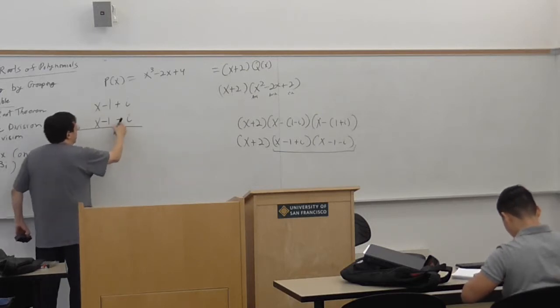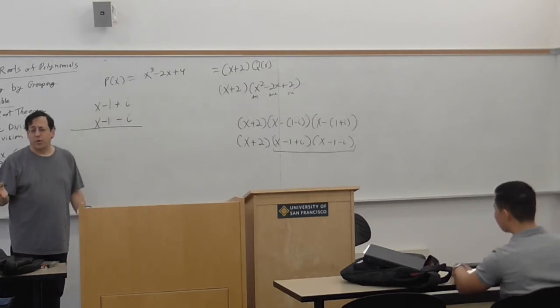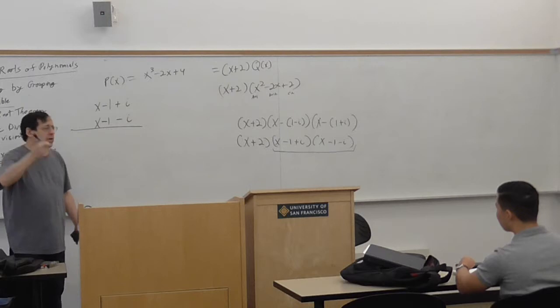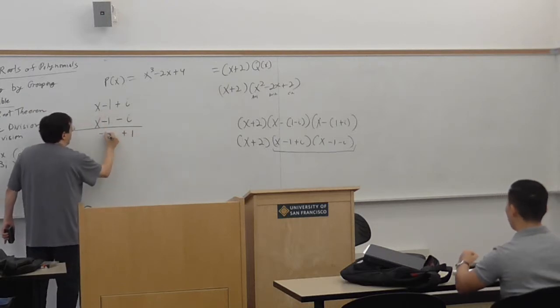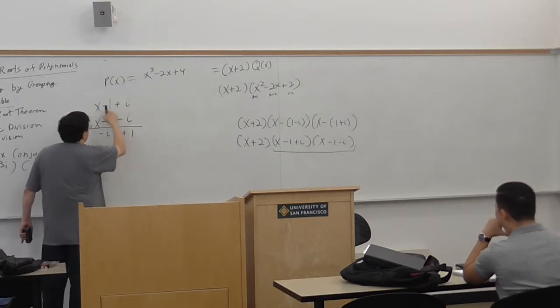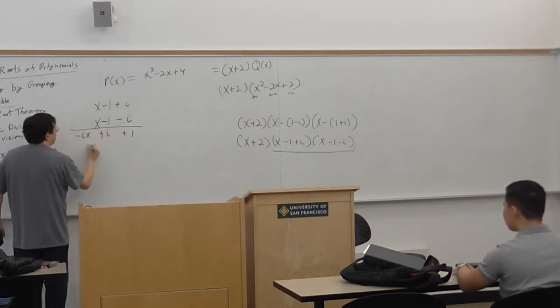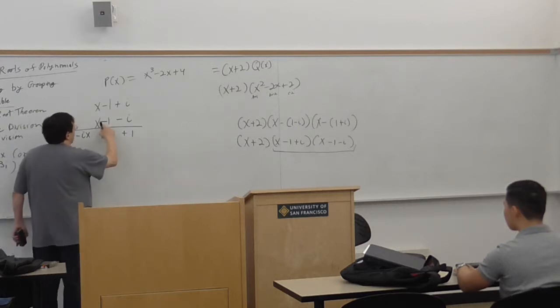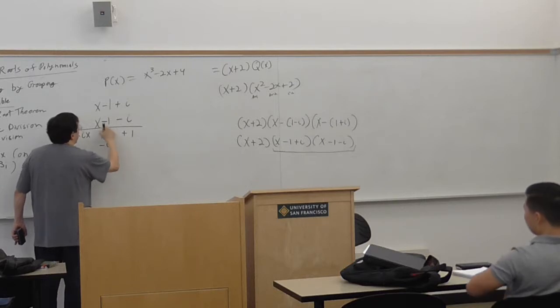Let's go. Minus i times i, that's i squared, look at the minus. i squared is minus 1, minus times minus is plus 1. This is minus i, oh no, minus and minus, plus i. And minus i x. Now we have minus 1 times i, so minus i.